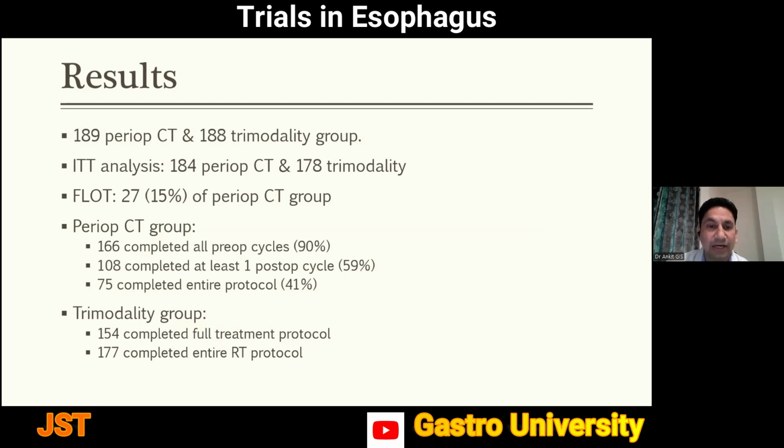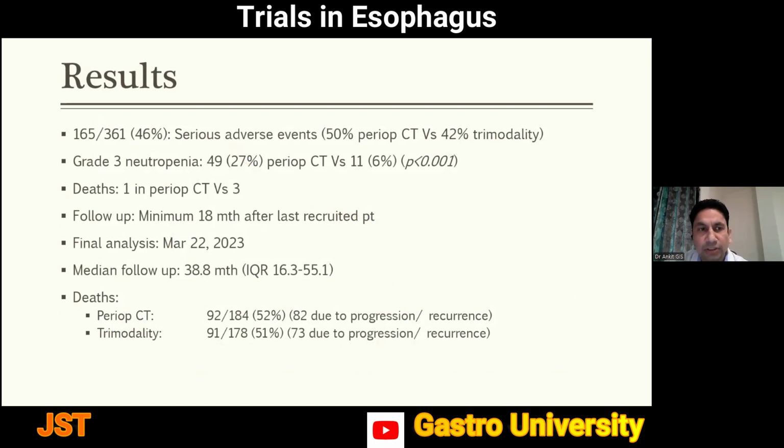Whereas in the trimodality group, 154 completed the full treatment protocol. That is a large number when you compare these two arms. And 177 completed the entire radiotherapy protocol. There were a total of around 165 serious adverse events, which were comparable between the two groups, grade 3 neutropenia being the commonest adverse event, and a minimum of 18 months follow-up was done after the last patient was recruited.